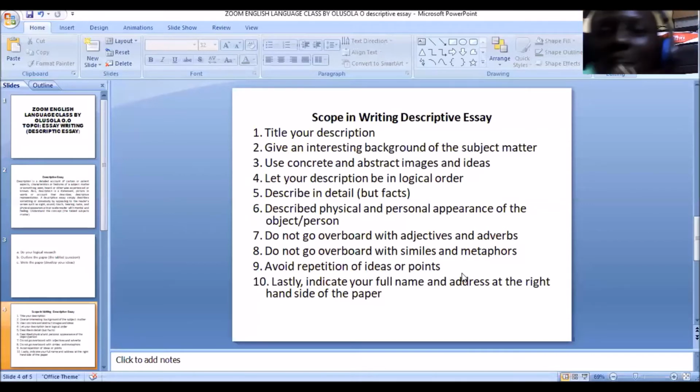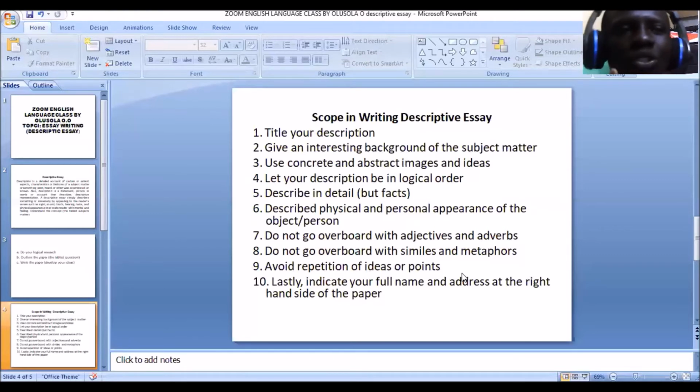Then if you are writing about Nigeria's Zuma Rock, you have to give the location so that somebody who is visiting Nigeria for the first time can easily drive down to that location and then see for himself or herself.